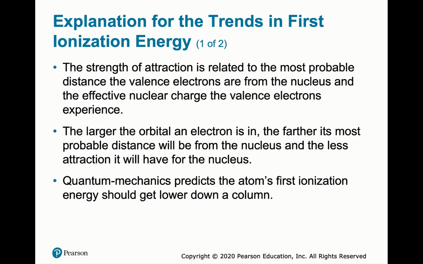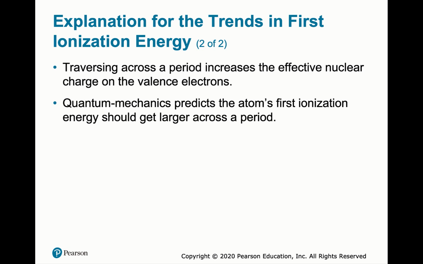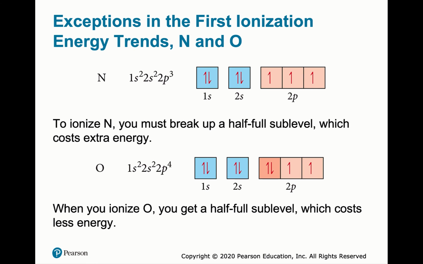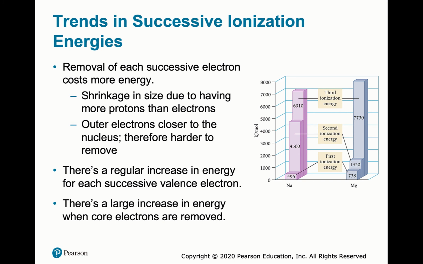Whereas a small atom with a very large charge, it's going to be hard to rip those electrons off of that. And there's exceptions. I mentioned this exception here between oxygen and nitrogen because of the spin down in the 2p orbital. And it just takes a little more energy to rip that one off.